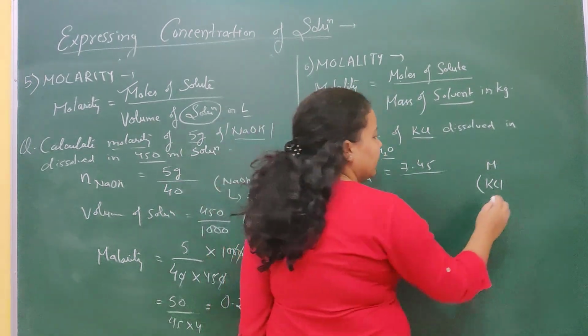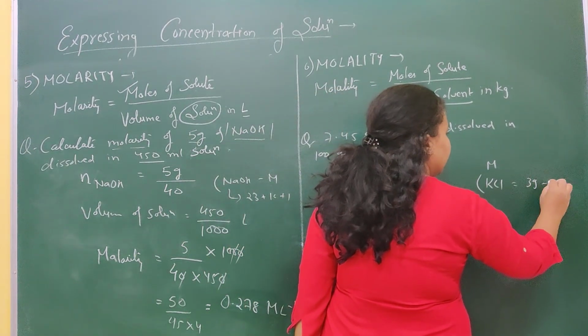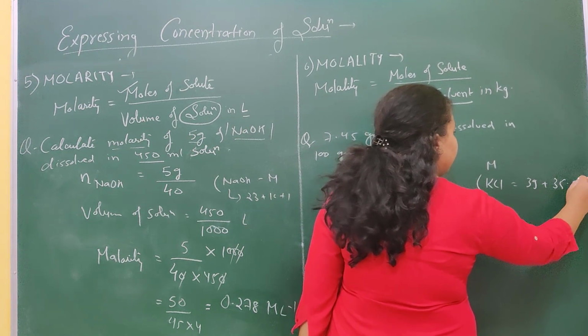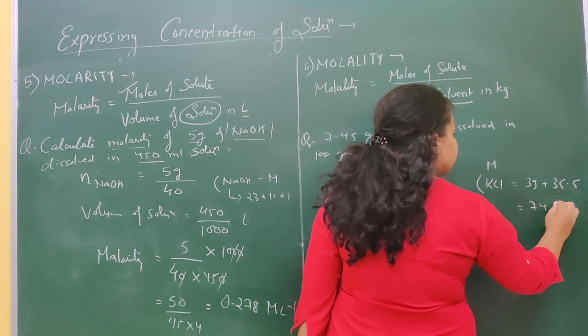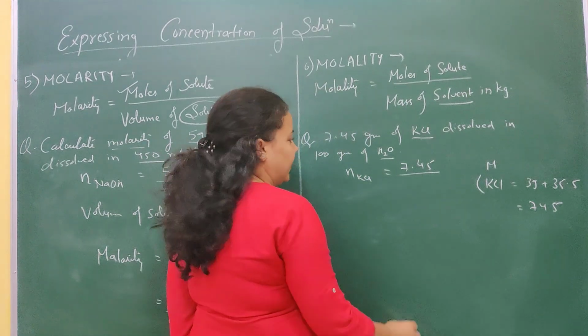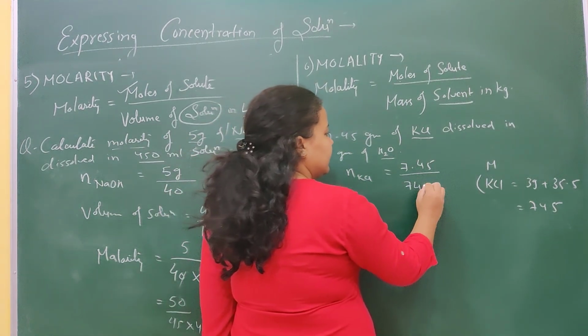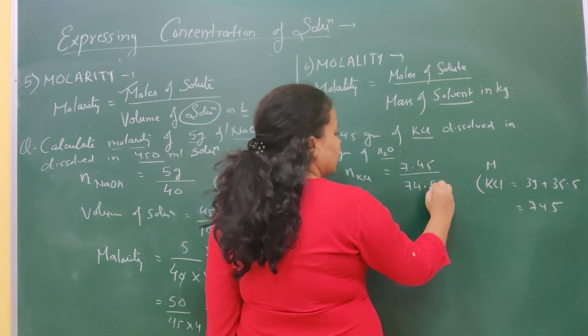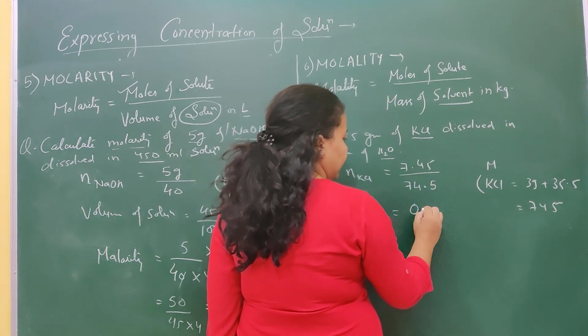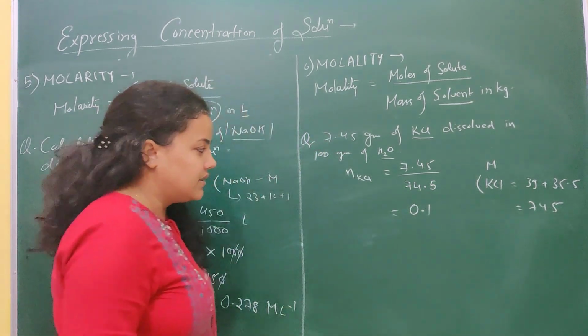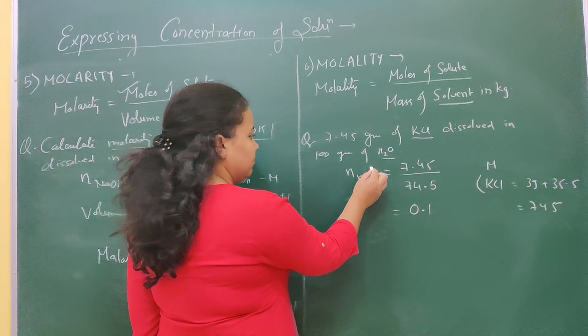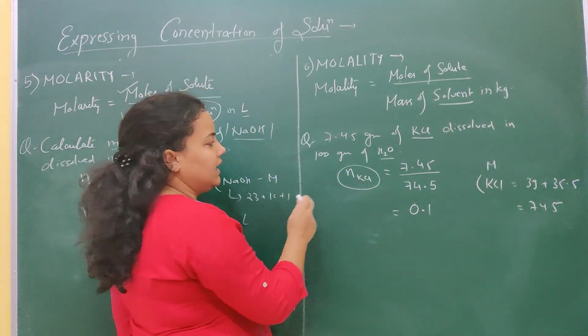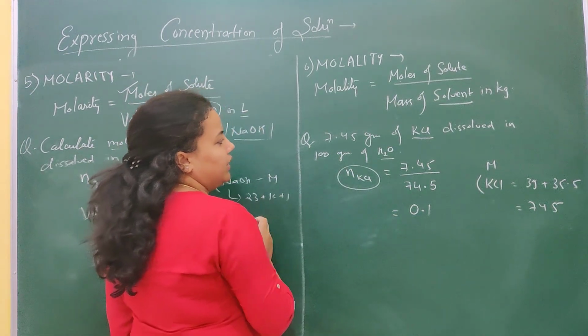How are we going to calculate? As 39 plus 35.5, which comes as 74.5. So it will come here as 7.45 upon 74.5. So the value will come as 0.1. So moles of KCl has come as 0.1.